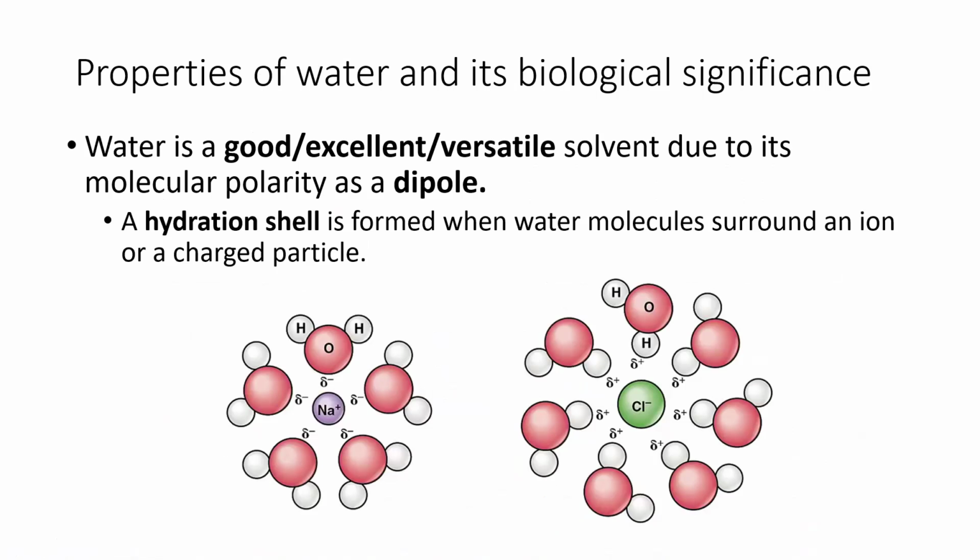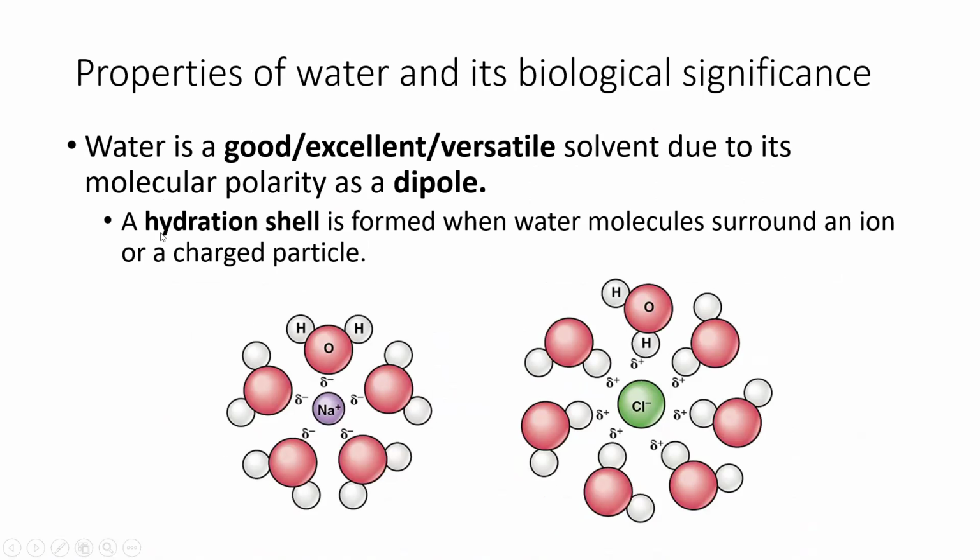Water is a good, excellent, or versatile solvent due to its molecular polarity as a dipole. Last time we could use the word universal, and in STPM you can still use the word universal, okay? But it is better to use excellent.